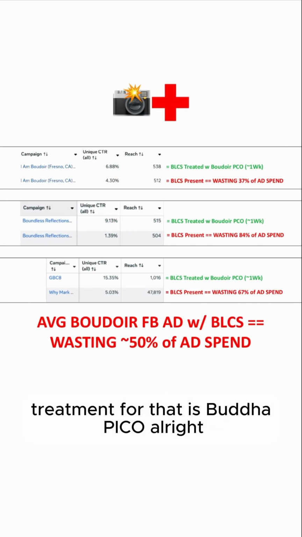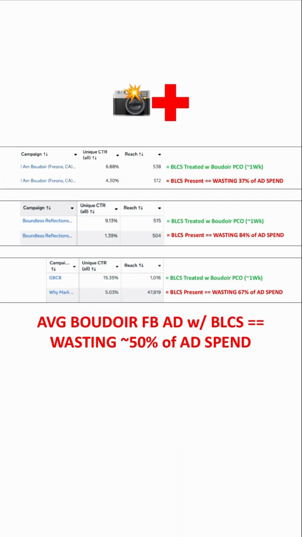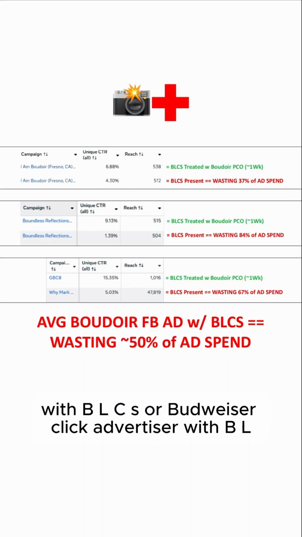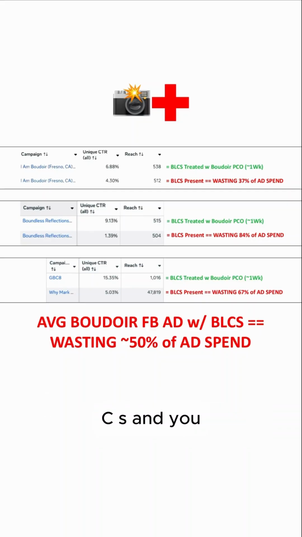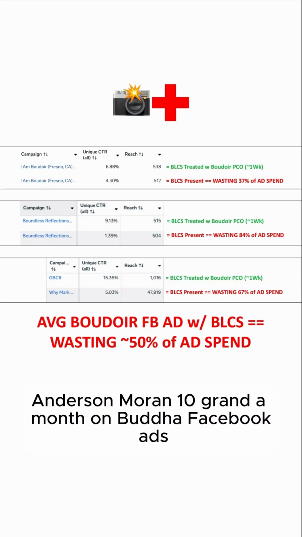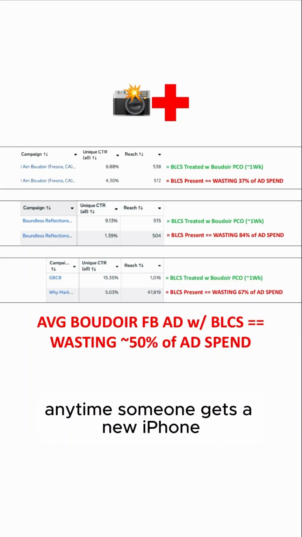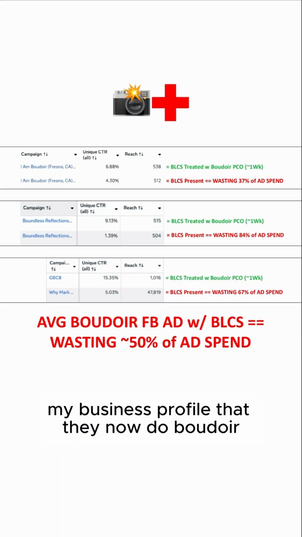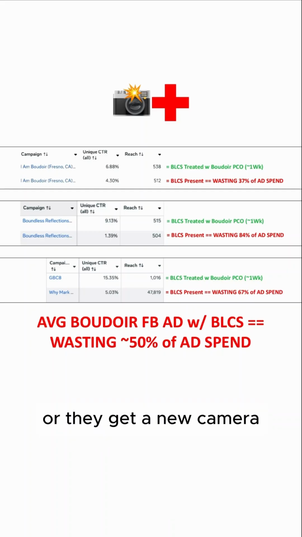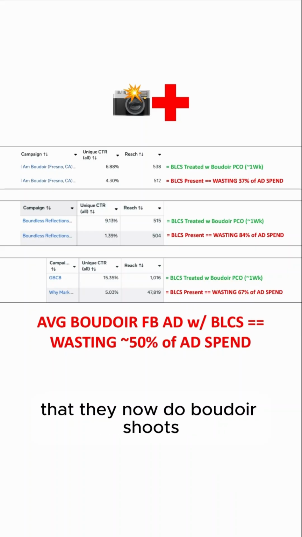Boudoir Pico. All right, so if you're a BLCA with BLCS, so Boudoir low click advertiser with BLCS, and you're spending more than 10 grand a month on Boudoir Facebook ads, and you're seeing the market get more saturated with more boudoir photographers. So anytime someone gets a new iPhone, they're throwing out their Google My Business profile that they now do boudoir, or they get a new camera and they're posting in the mom groups that they now do boudoir shoots.